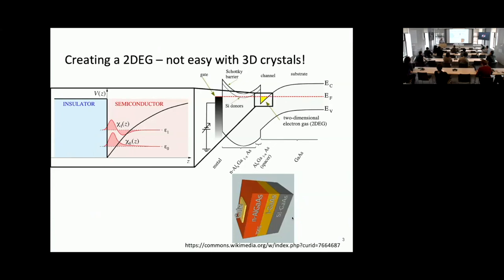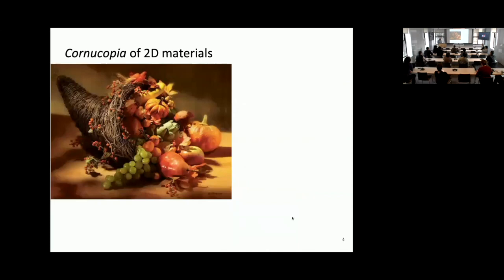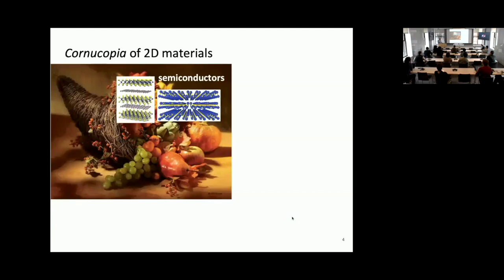This took literally decades of perfecting the materials properties and so on. And it was a big development. But in the last few years, we have been blessed with a cornucopia of truly 2-dimensional materials. And those are semiconductors.